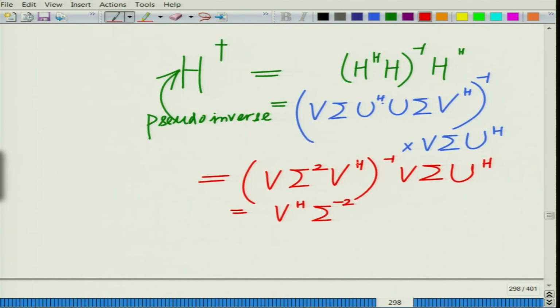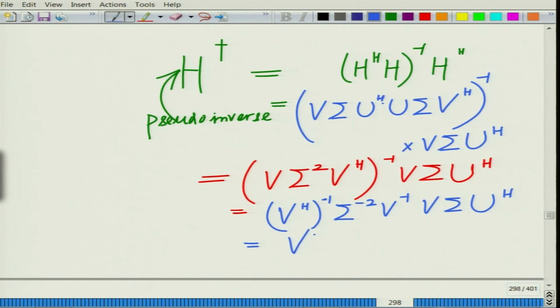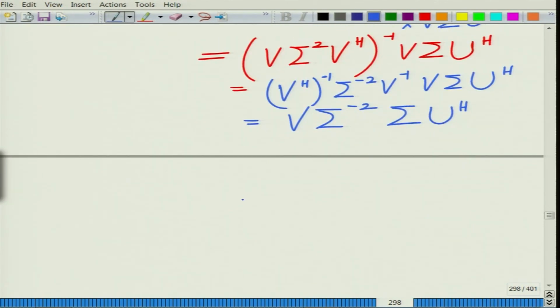Just to make it clear, write an additional step: this is V sigma raised to minus 2, V inverse V is identity, times sigma times U Hermitian.